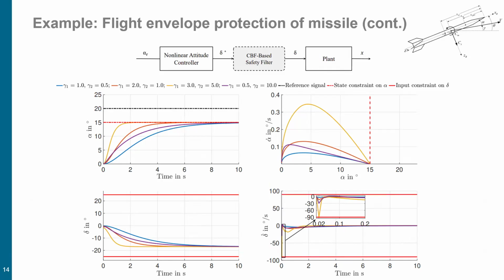And if you're going for a more challenging or performant setting, you will see that it will go steeper, but at the same time, by doing that, you will see alpha dot in the meantime goes quite high. And in order to cope with that, the system has to go for bigger control inputs. And in order to generate the bigger control inputs, you will maybe end up with the case where at one point you violate the rate constraint, right?